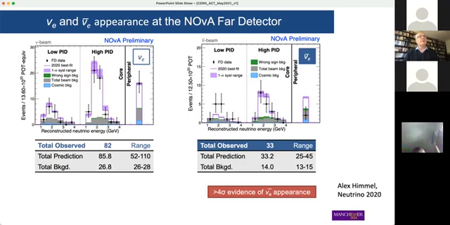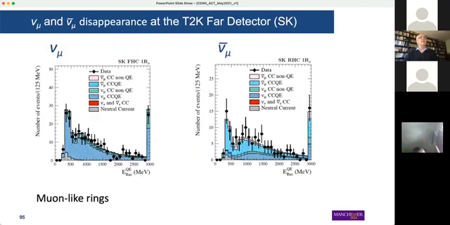And it's also smaller in the anti-neutrino sample. Still, the sample is large enough to give positive evidence that this actually happens. You'll have some backgrounds a little more than for the muon neutrinos, but the signal is very clearly standing out. The T2K detector can do the same thing.